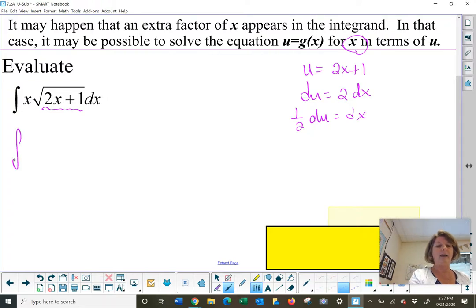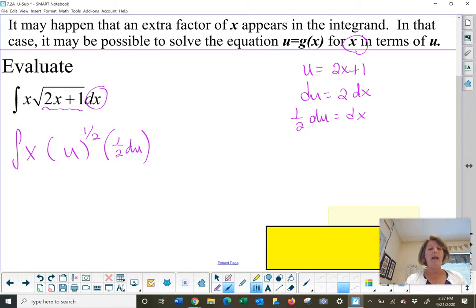Well, I would have this x, but then this would become u to the 1/2. dx is a 1/2 du, isn't it? And everything's looking fine except for this fact I have x and everything else is in u's. That needs to be in a u as well. How do you do that?